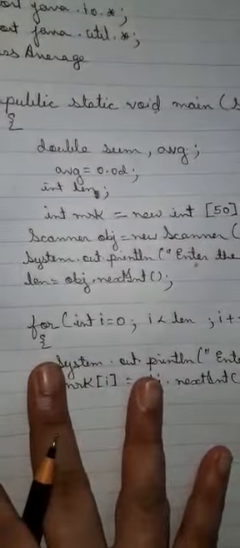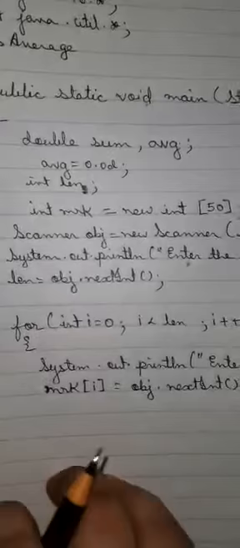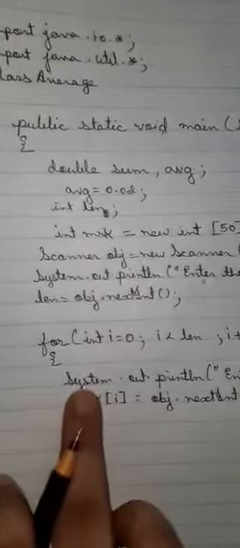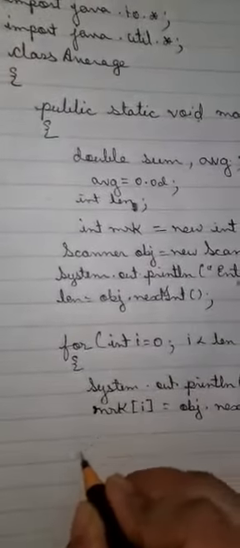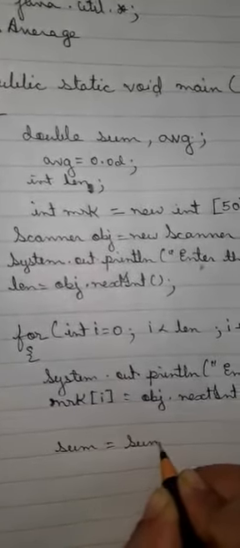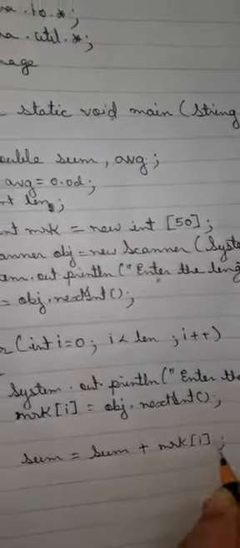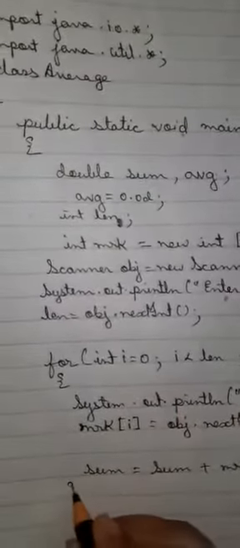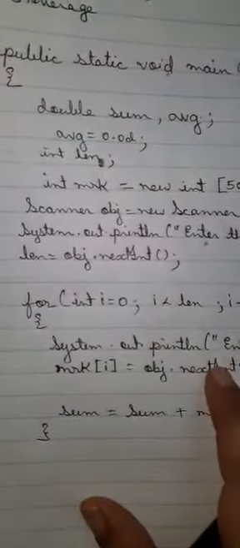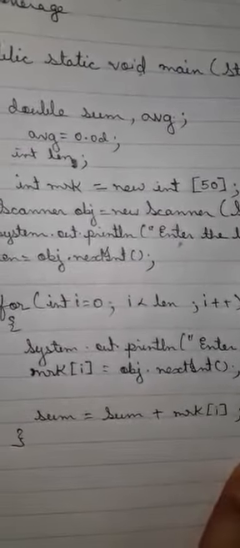If you wish, you can keep the entry part separate and give another for loop in which you calculate the sum. But according to me, why use a for loop twice? We can do the sum in the same for loop: sum equal to sum plus mrk[i]. So whatever the mark is gets added to the sum.